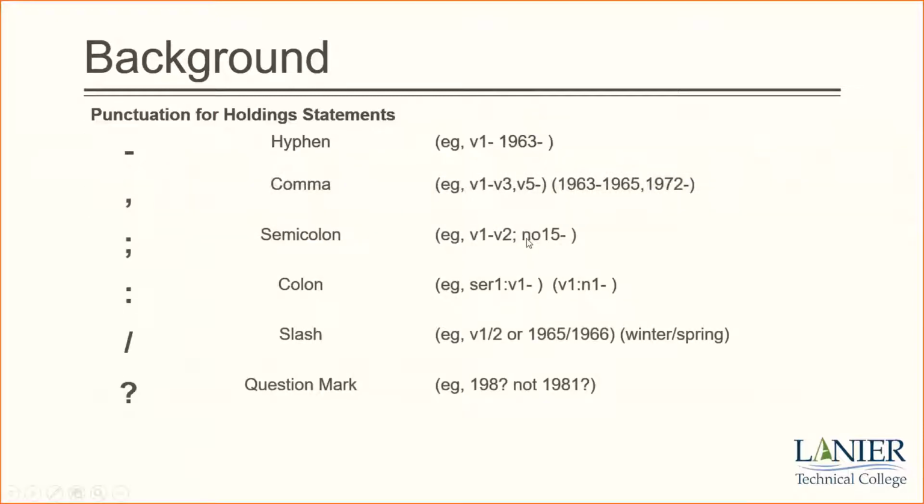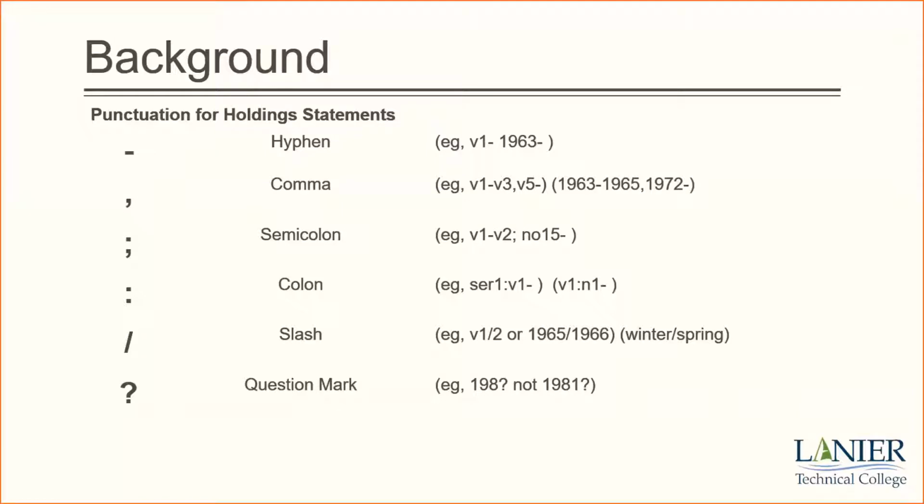For your punctuation, for your holding statements, and when you use a public note or a text string note, you will need to know what all those punctuation marks in the holding statements mean.